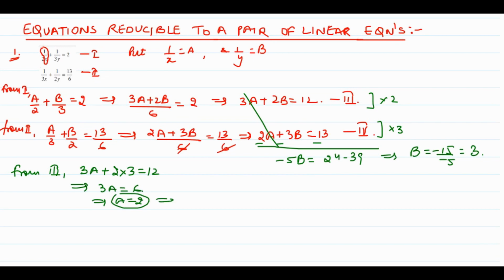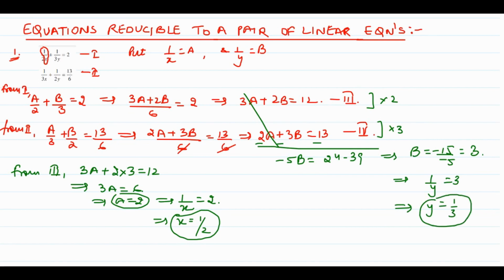And from here, 1 by x is equal to 2 and x is equal to 1 by 2. That is the required value. And this one will imply 1 by y equal to 3, which will further imply that y equal to 1 by 3. So these are the required values of x and y.